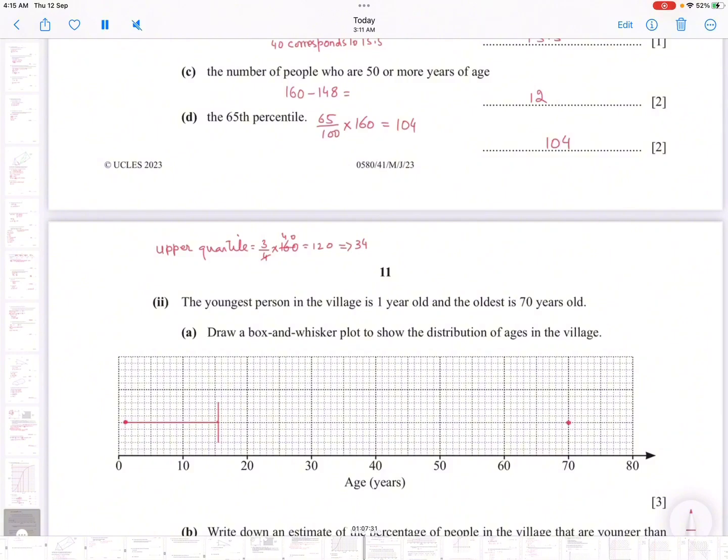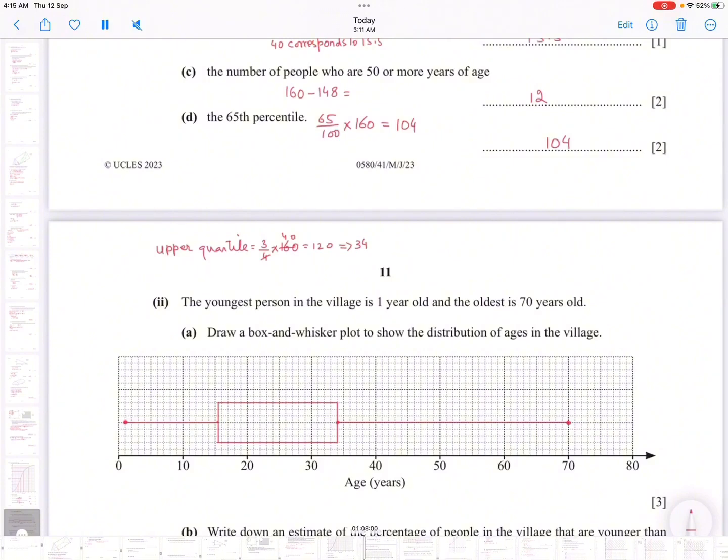Now mark the upper quartile which you just calculated, 34, and join it with the last point and make a line like that. The length of this line is up to you, and make a box.